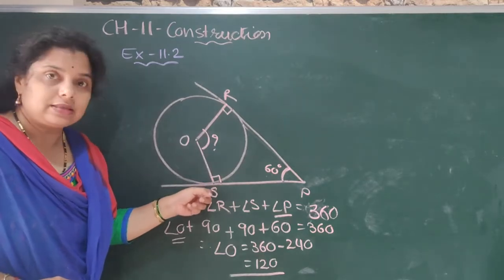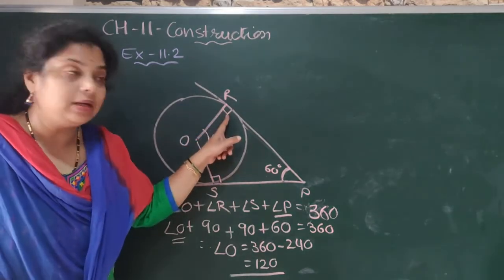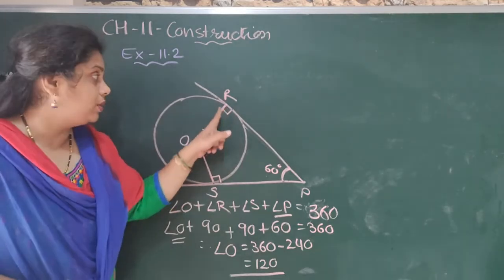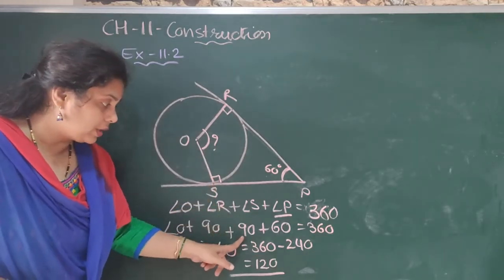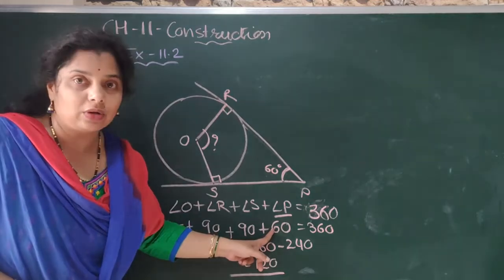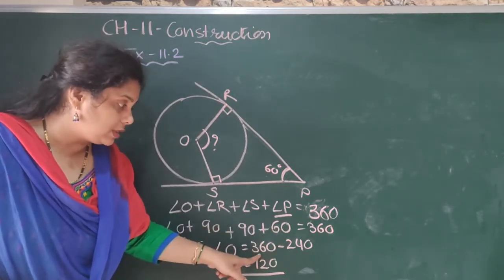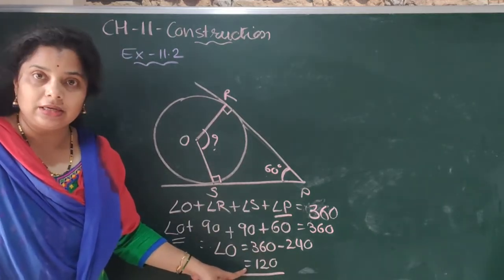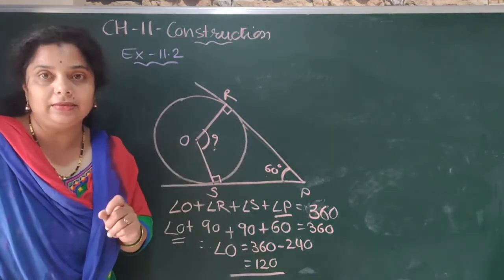R and S, as per the property of tangent, are 90 degrees with the radius. So both are 90. 90 plus 90 is 180. 180 plus 60 is 240. So 360 minus 240 is 120. Is it clear? So here we have to construct 120 degrees.